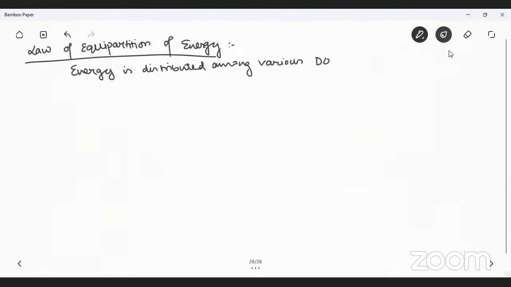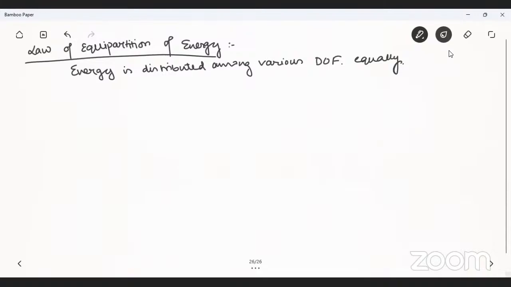This is the standard bookish definition that can be asked in your boards. So for translational DOF, the energy associated with each translational DOF is half kT of the molecule.